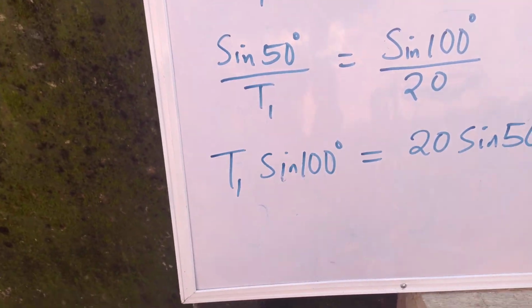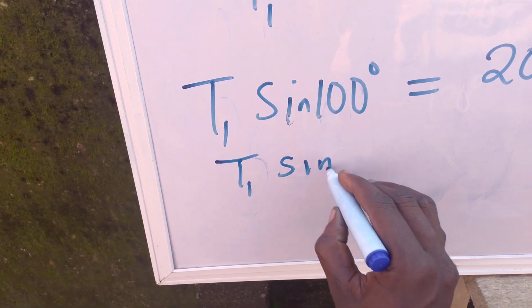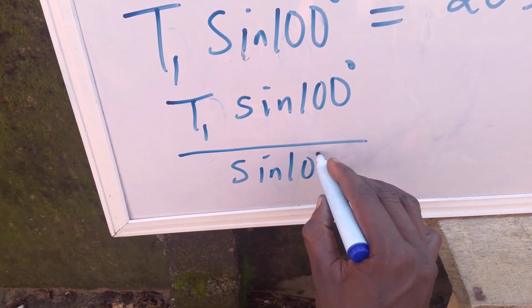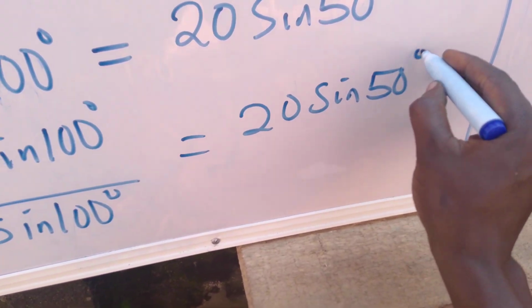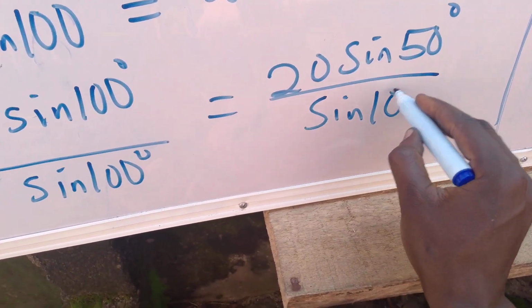When I divide both sides by sine 100, we have T1 sine 100 divided by sine 100 equals 20 sine 50 degrees divided by sine 100. This will eliminate the sine 100 on the left, and my tension T1 will be equal to 20 sine 50 degrees divided by sine 100.